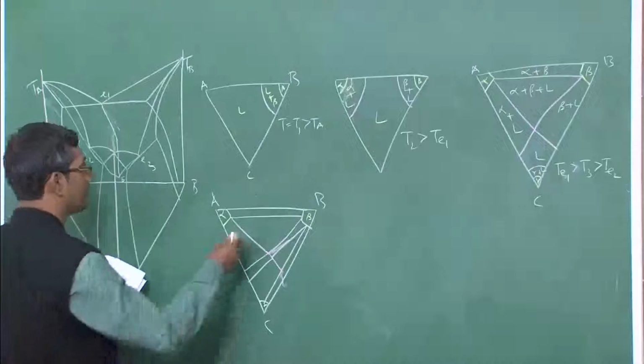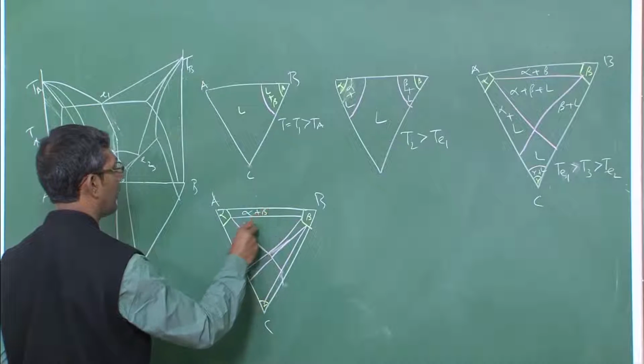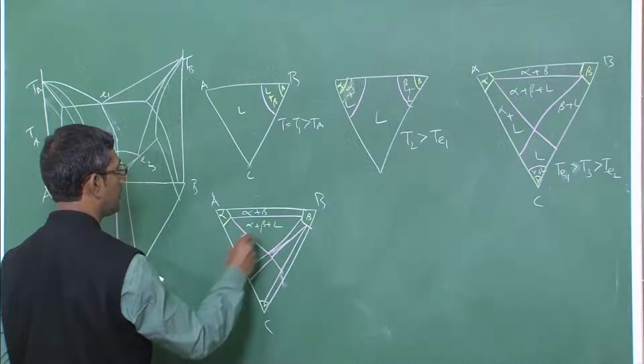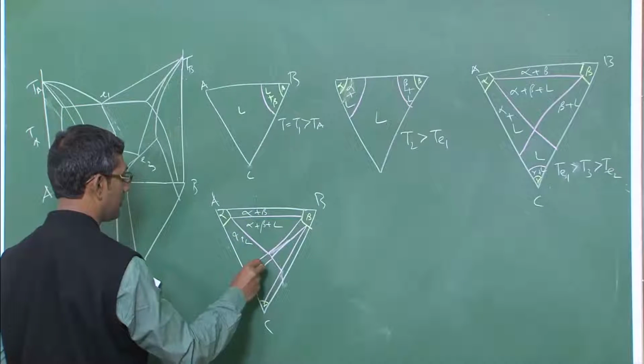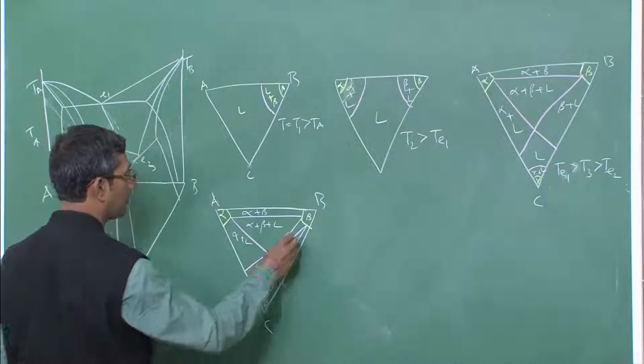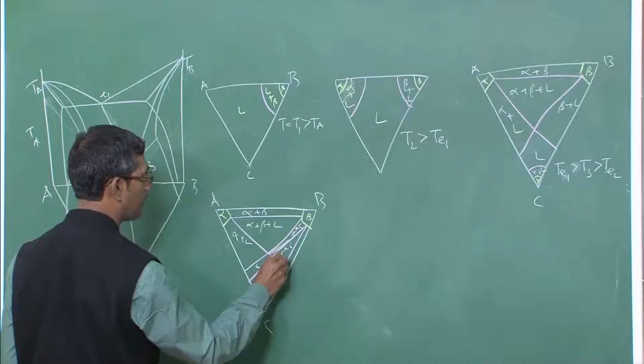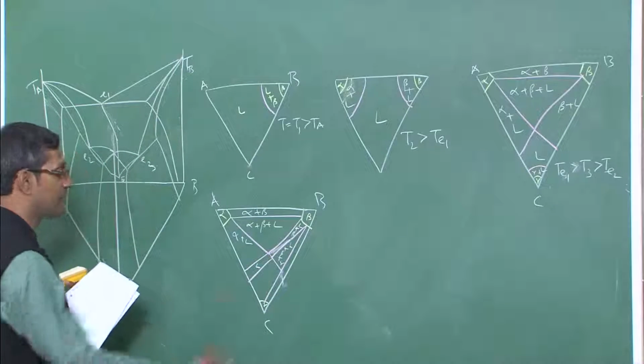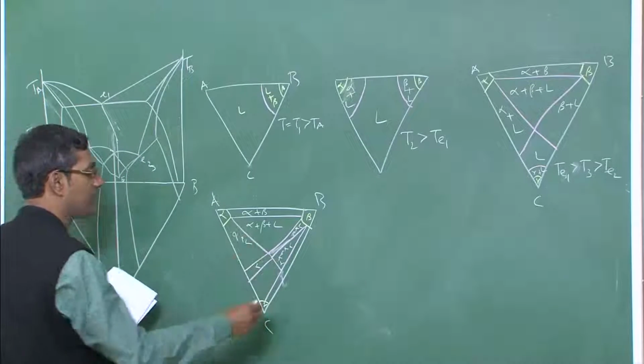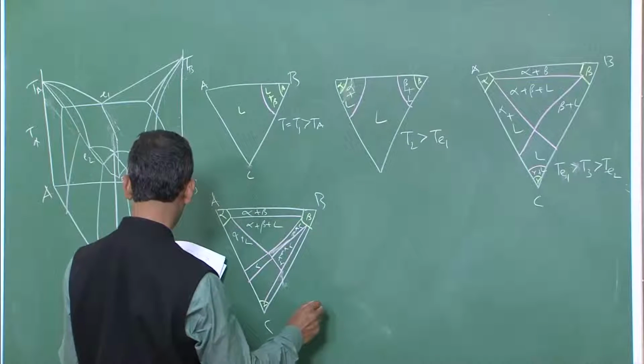So, what are the regions? This is alpha plus beta plus liquid, alpha plus liquid. This is liquid. Liquid plus beta plus gamma, because for the third eutectic here E3, the temperature is lower than that. So, what is the temperature?